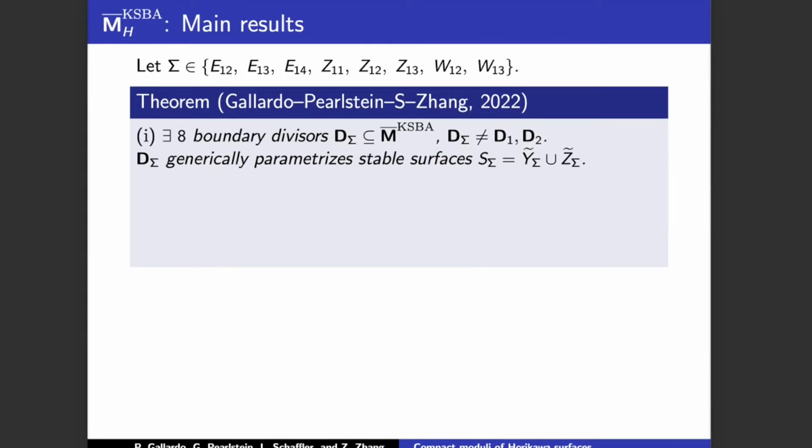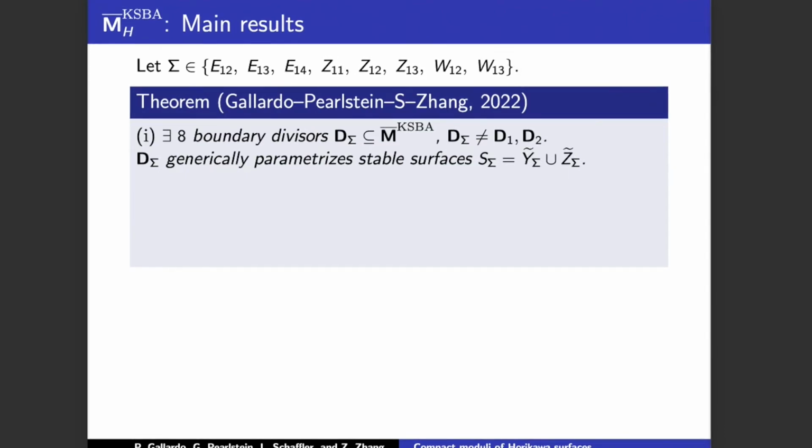On a dense open subset, those divisors parametrize stable surfaces which break into 2 irreducible components. So we start witnessing some breaking behavior of those degenerate Horikawa surfaces. The 2 pieces of the degenerations will be Y sigma tilde and Z sigma tilde.